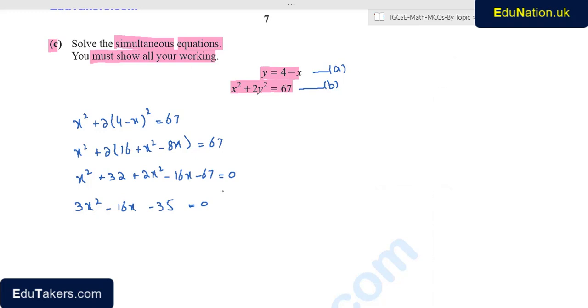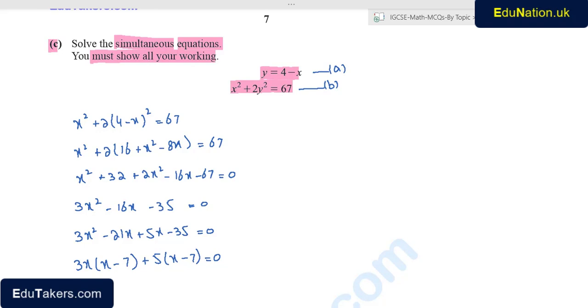So now by factorization, this will be 3x square minus 21x plus 5x minus 35 equals 0. Taking 3x as common, this will be (x minus 7) plus taking 5 as common, this will be (x minus 7) equals 0.